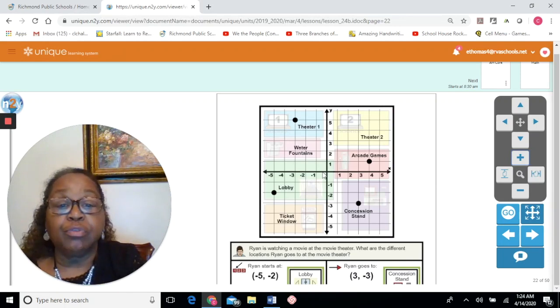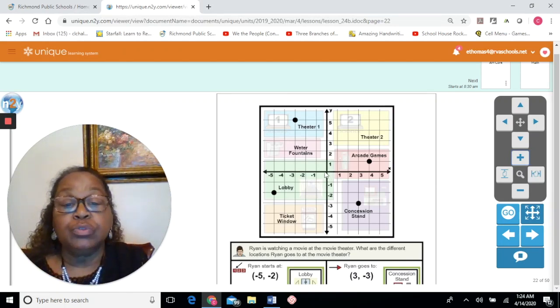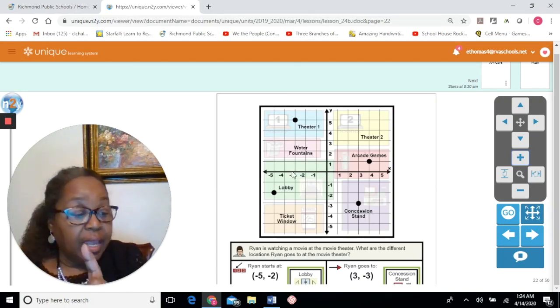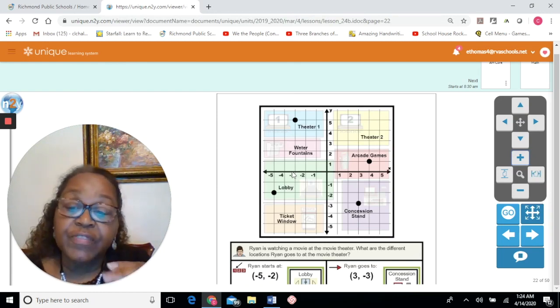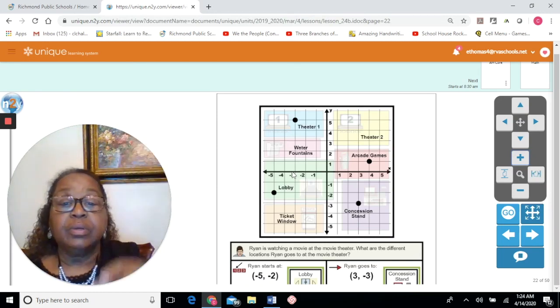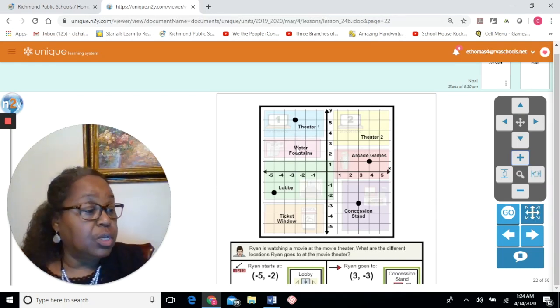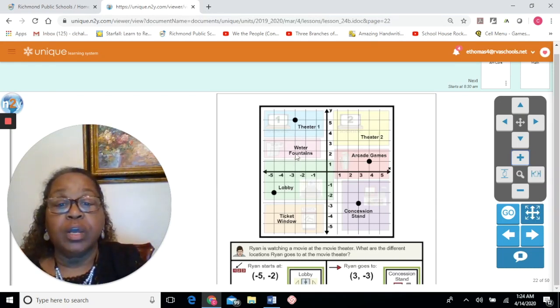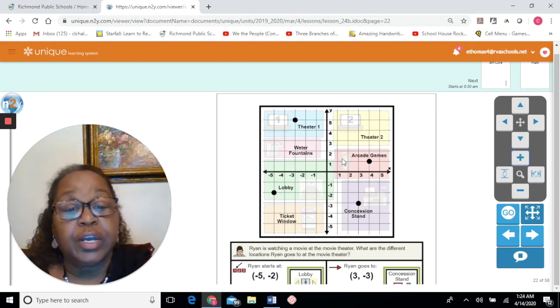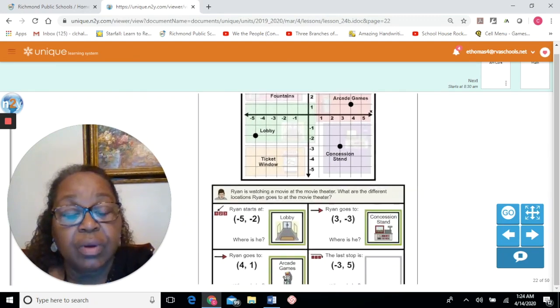And we go to -3 on the x-axis, which will be to the left, 1, 2, 3. And then +5 moving up on the y-axis because our positive numbers go up. Let's go. 1, 2, 3, 4, 5. And it says we're at theater 1. Let's see if we got that right.